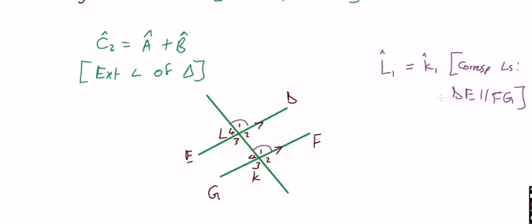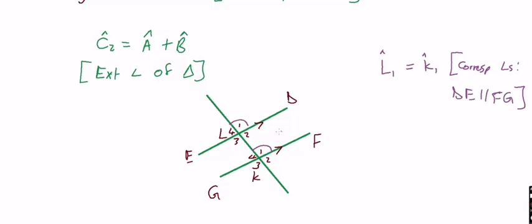So that is how we state these parallel line theorems. We need to state the parallel lines once we've used a particular theorem. You will realize that even L4 corresponds to K4, L3 is the same as K3, L2 is the same as K2. It's all corresponding angles because of the parallel lines.